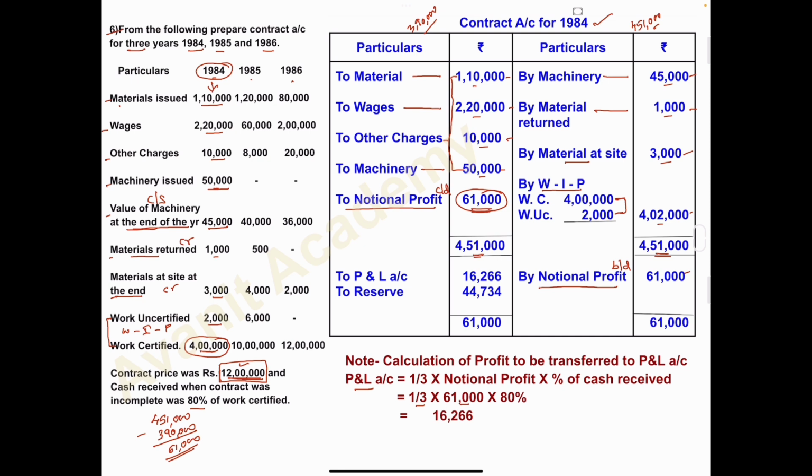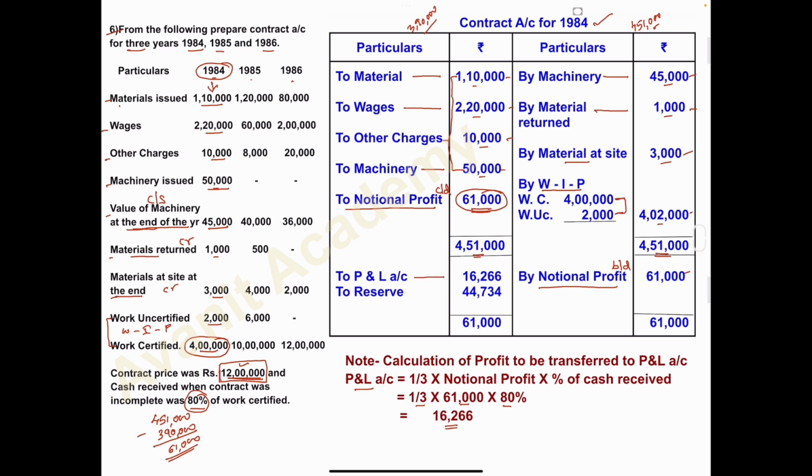See the last sentence of the problem: cash received when the contract was incomplete was 80%. We take this here, percentage of cash received 80%. Calculate it: one-third into 61,000 into 80%. You will get 16,266. So this amount is transferred to profit and loss account.